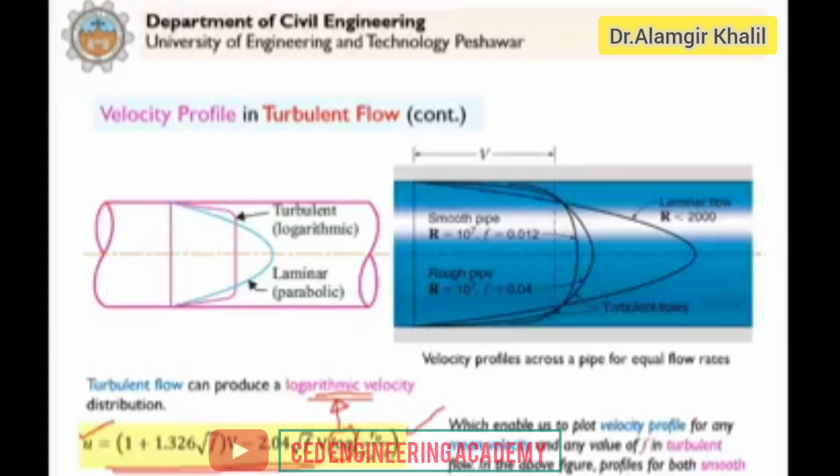We only use this equation in the problems also, to calculate the velocity at any distance r from the center line of the pipe. Clear? We can use this equation to calculate velocity at any distance r from the center line of the pipe. So in case of turbulent flow, it follows a logarithmic velocity profile. And in case of laminar flow, the parabolic velocity profile is followed.